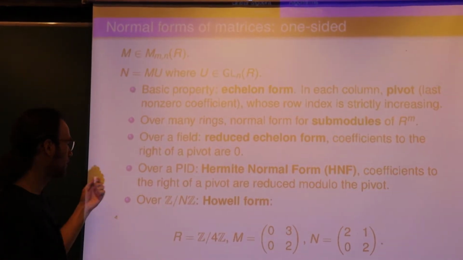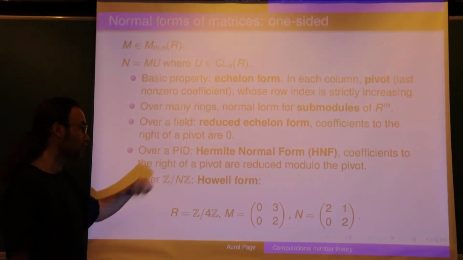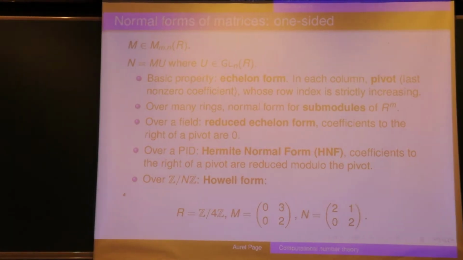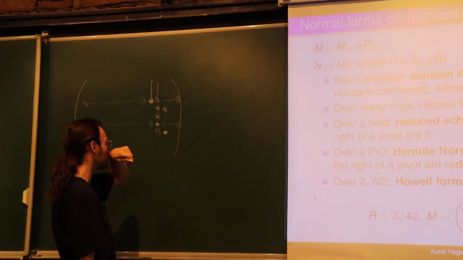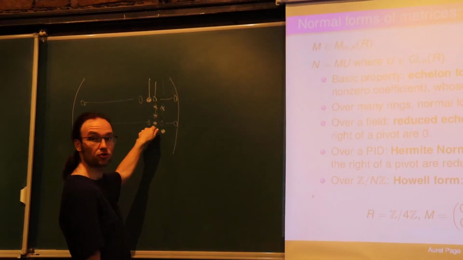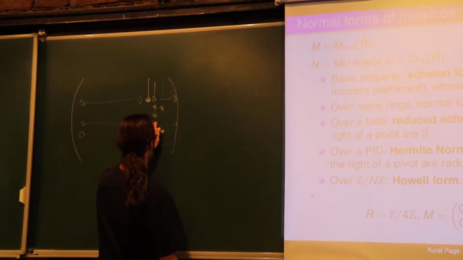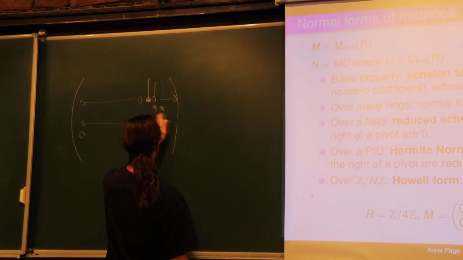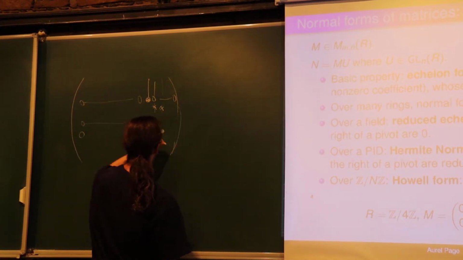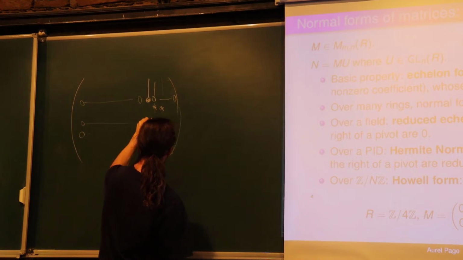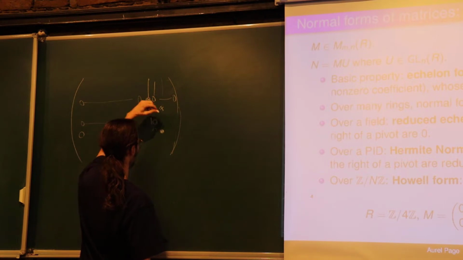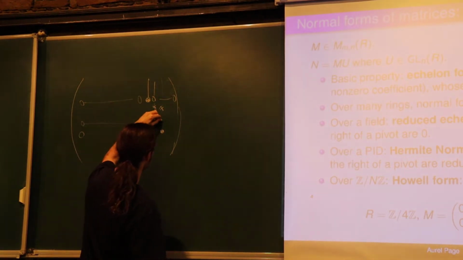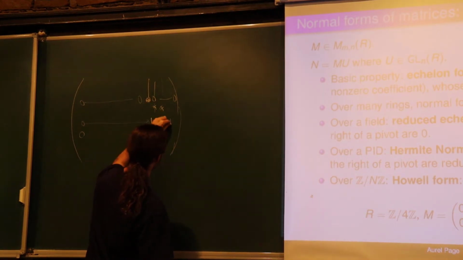You ask that the matrix is in echelon form, and in addition, the coefficients to the right of a pivot, well, you cannot necessarily reduce them to 0, but they should be reduced modulo the pivot. Let me put an example with actual numbers. Over the integers, if 10 is your pivot, then you can have anything here between 0 and 9: 8, 1, 2, whatever.